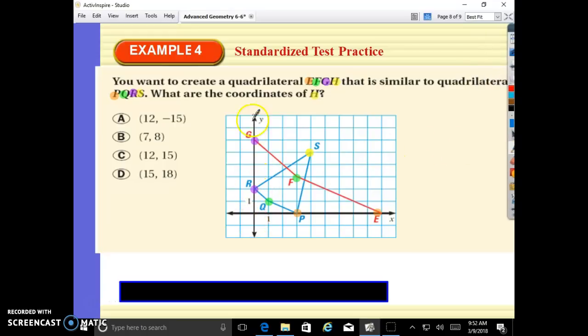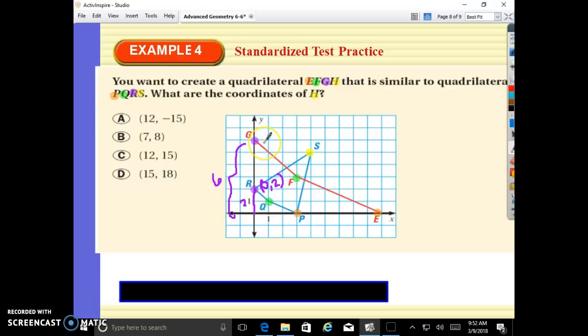So, going from R to G, we had 2 from the origin. Now we have 1, 2, 3, 4, 5, 6. It went from 2 to 6 from the origin. 2 times what is 6? 2 times 3 is 6. So let's look at these coordinates. The coordinate is 0, 2. If I multiply 0, 2 by a scale factor of 3, I would have 0, 6, which is the coordinates here.